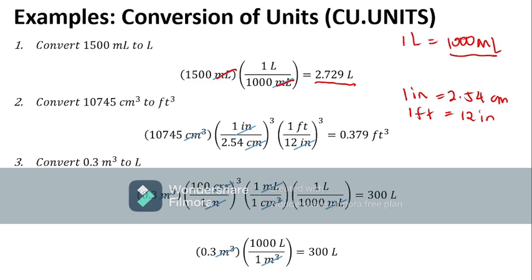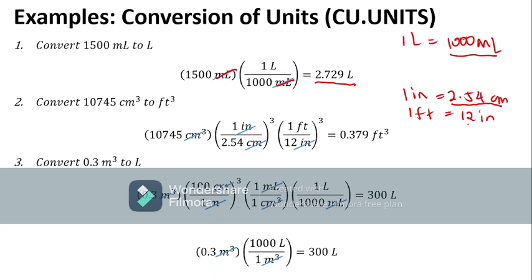So, don't mind the exponent, the 3, the cube. Centimeter given, so dapat yung numerator natin may centimeter. So, yung 2.54 centimeter nasa denominator siya. Yung 1 inch naman natin, nasa numerator. Now, kung may inch ka dito, dapat yung next conversion factor natin, yung inch niya nasa baba din.